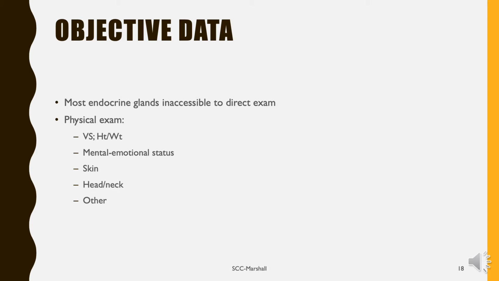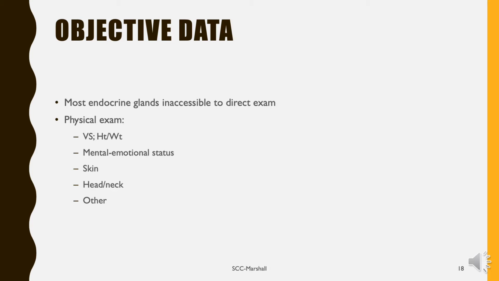Now, the most common presenting problems that you're going to see in these patients include fatigue, weakness, menstrual changes, and weight changes. So as far as your physical exam, obviously you're going to want to monitor vital signs as well as height and weight, because many endocrine disorders will cause changes in those things, both vitals and weight, either weight gain or weight loss.